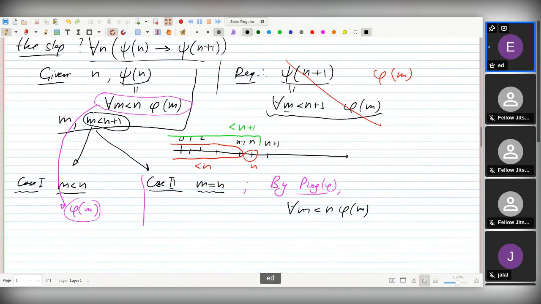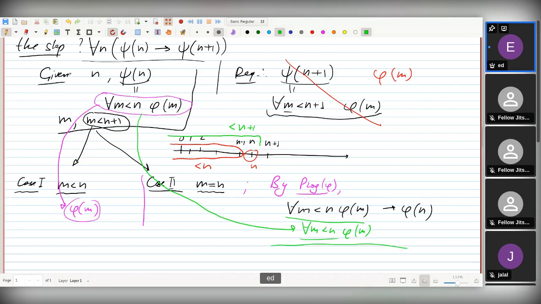By progressiveness, this is enough to obtain phi of n. But this is true. By assumption here, this is true.